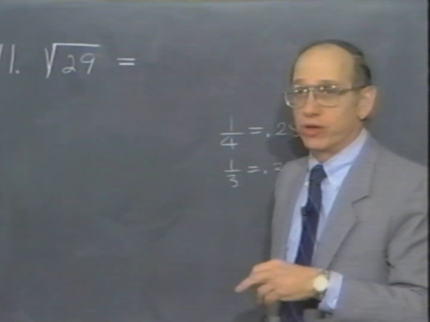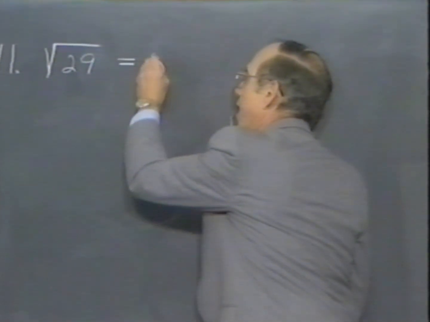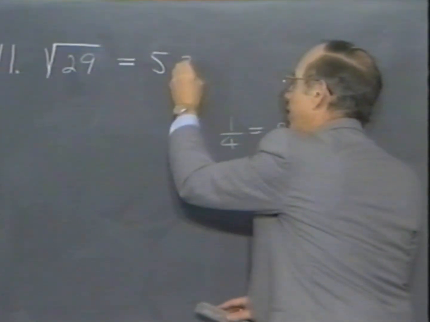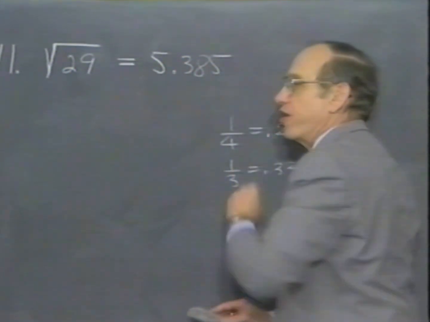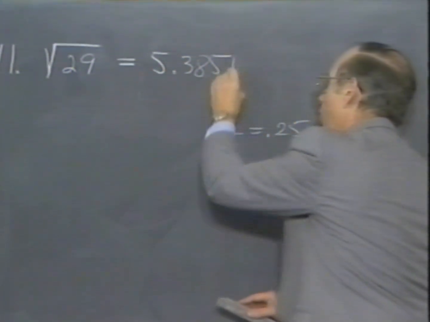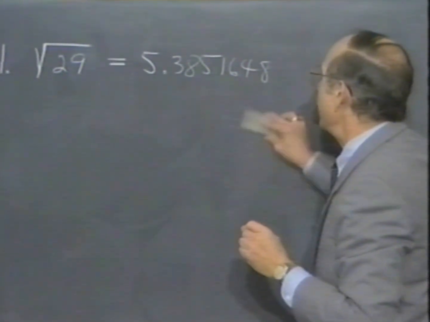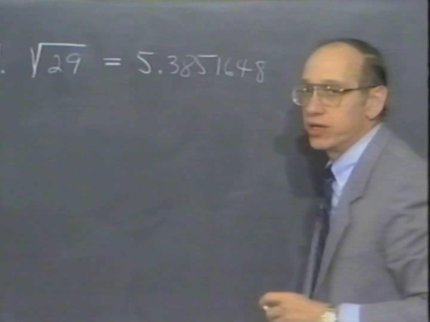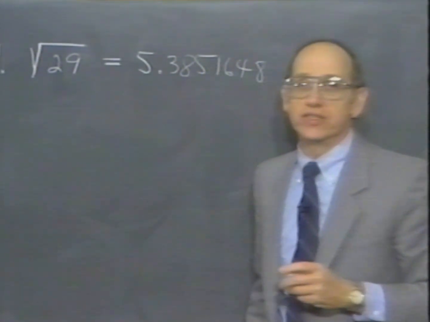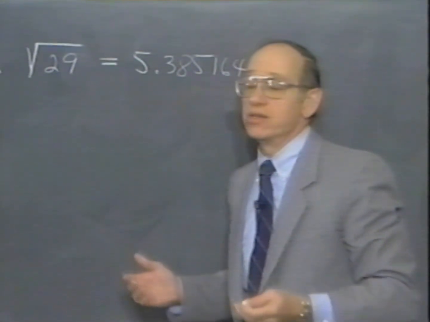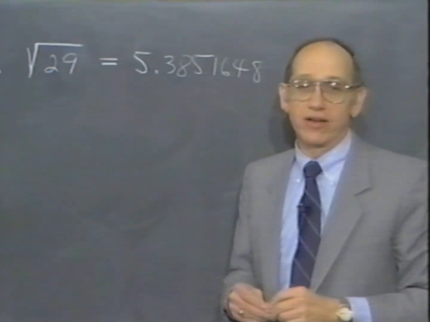Now, I took out my calculator, and I entered the number 29, and I pressed the square root button, and the calculator displayed 5.3851648. So to 7 decimal places, the square root of 29, according to my calculator, is 5.3851648. Well, that's easy.